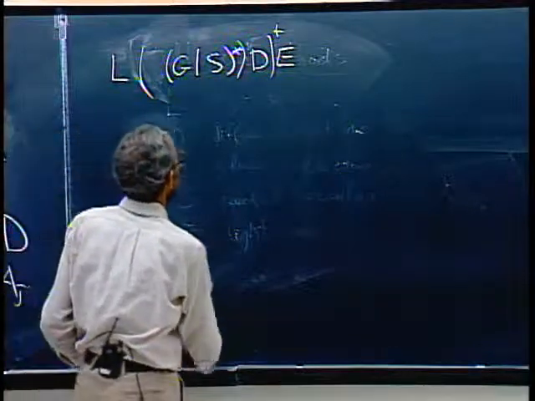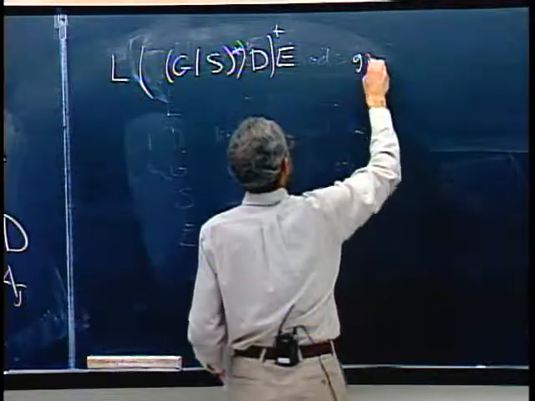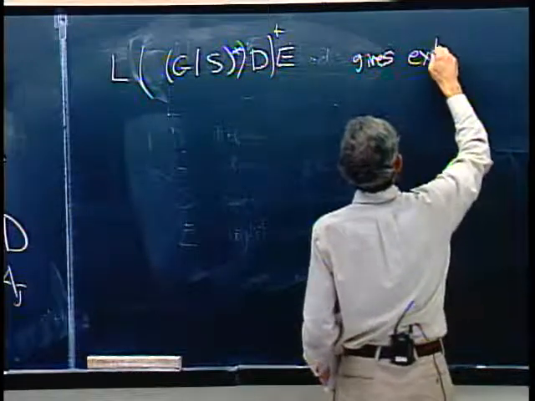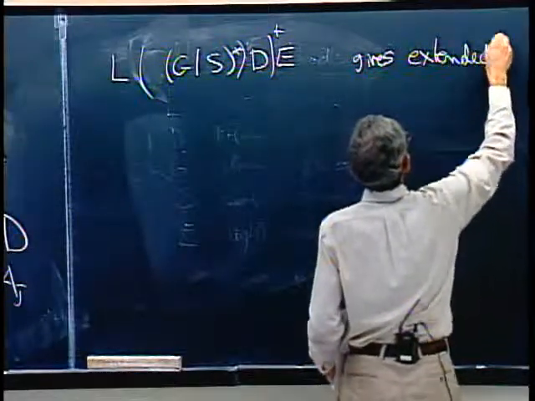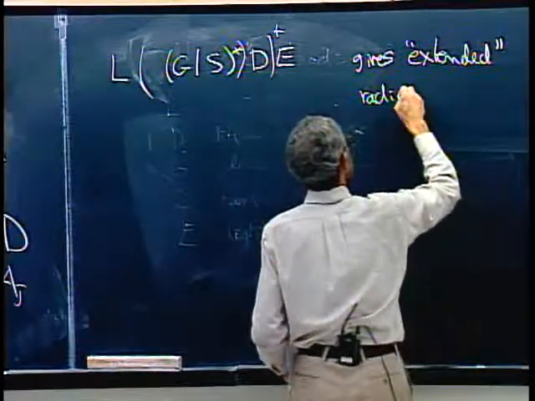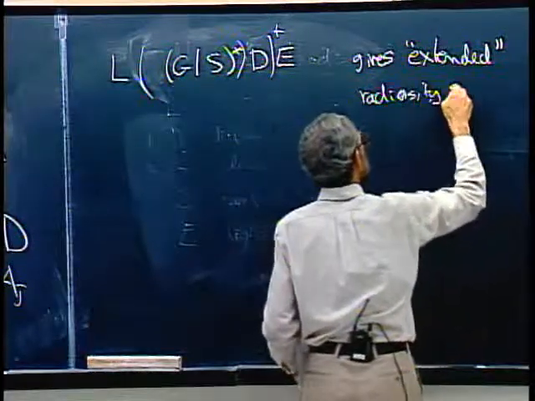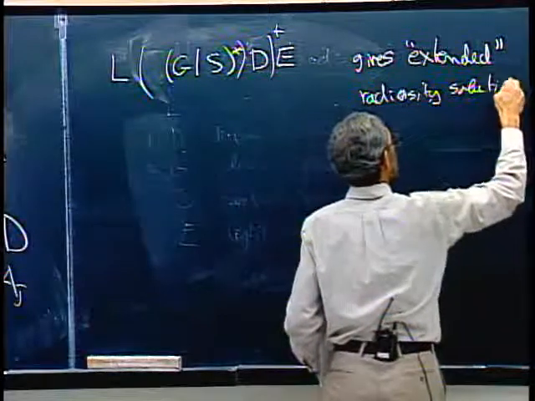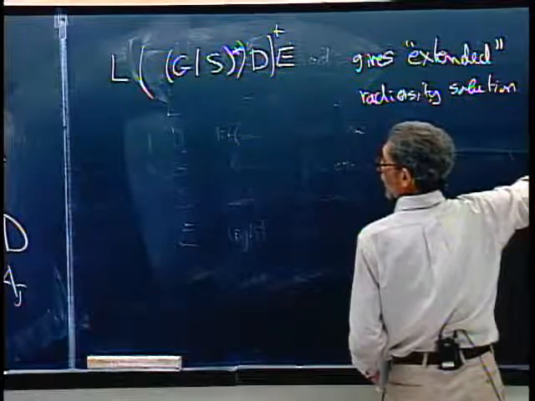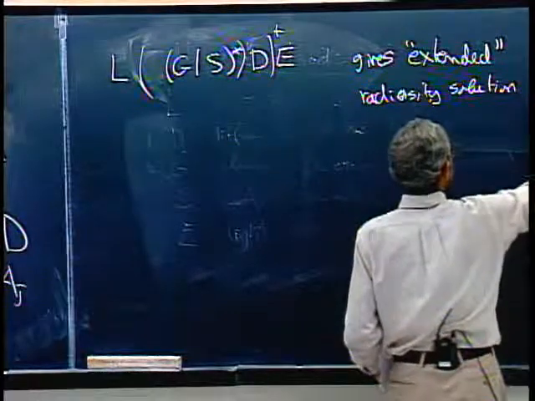So this could give you sort of an extended radiosity solution. Why don't I still call it L? I don't remember what I called it before, but let's call it L prime of X.